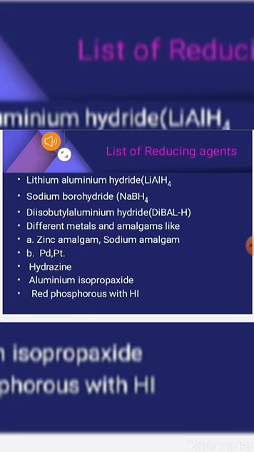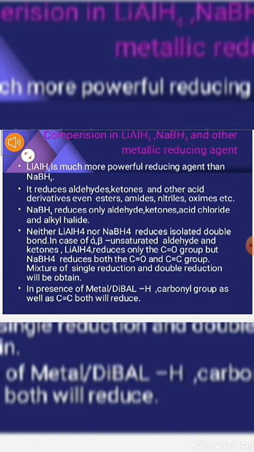Examples are there: lithium aluminum hydride, sodium borohydride, DIBAL, platinum, palladium, nickel, then hydrogen iodide in presence of red phosphorus. So many reducing agents are used for reduction of carbonyl compounds. Easily we can compare reducing agents.